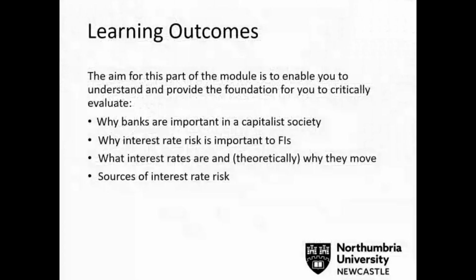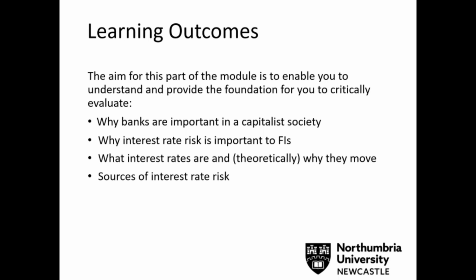The learning outcomes for this lecture: we're going to start by exploring why the banks, the intermediaries, are important in a capitalist society when it comes to the creation of wealth. We're going to look at why interest rate risk is important in the context of financial institutions.